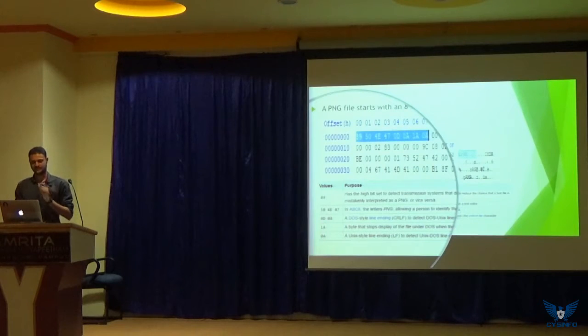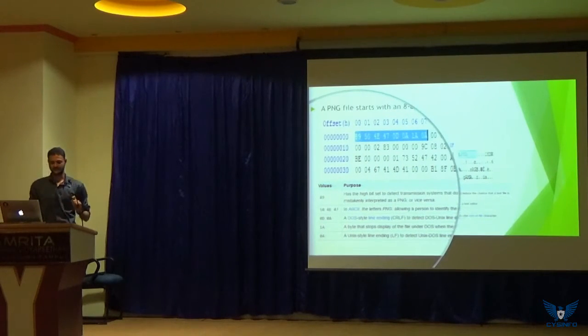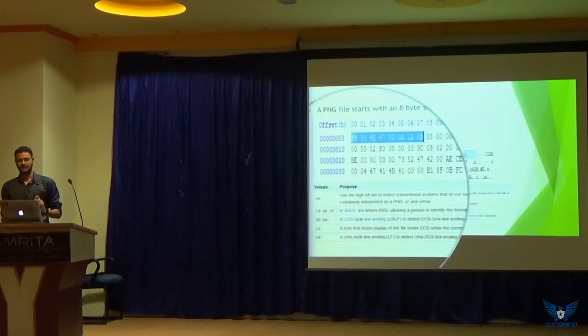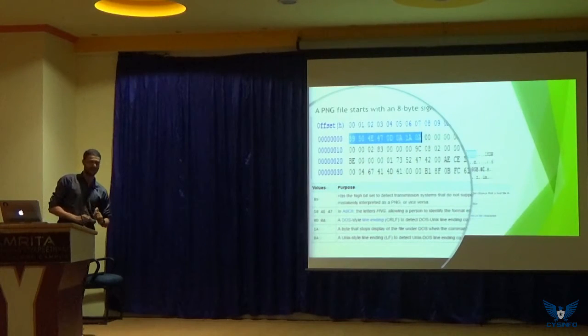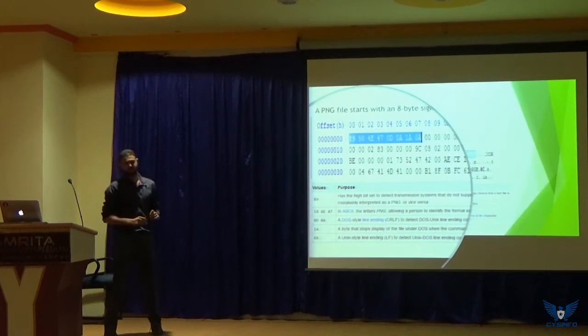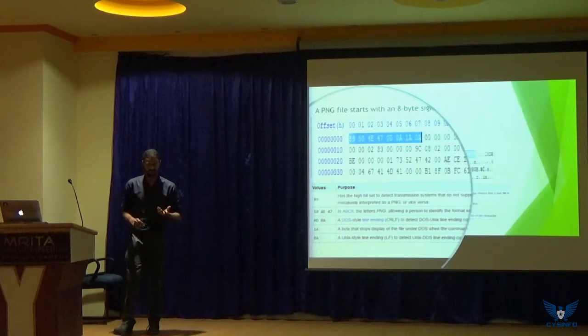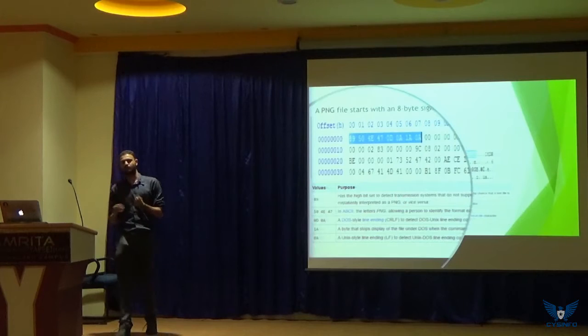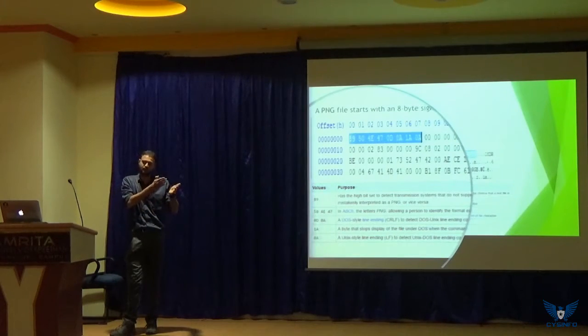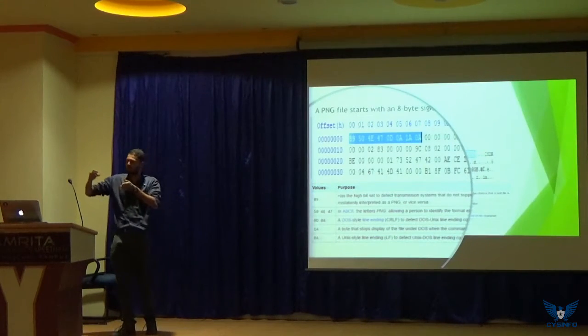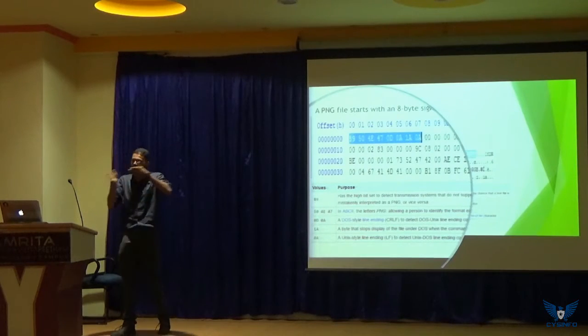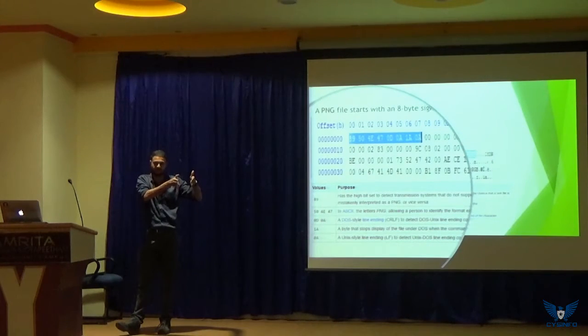Now this is important: 0D 0A. What is this? This is a DOS-style line ending. When we were using typewriters, we used to type the line, then roll, and take the cursor to the first character of the line, a new line, right?